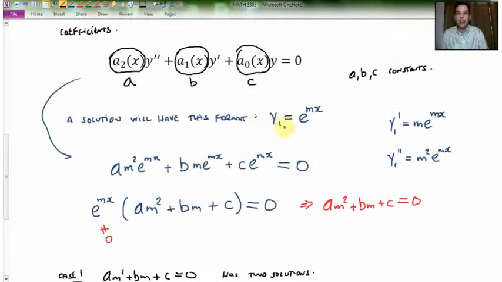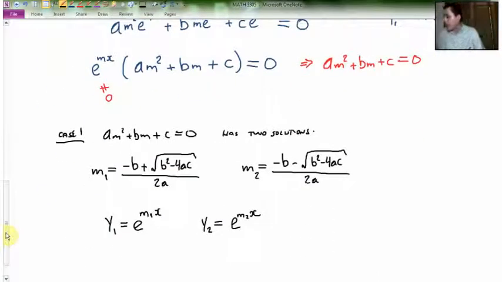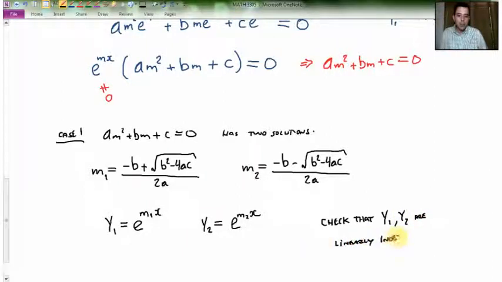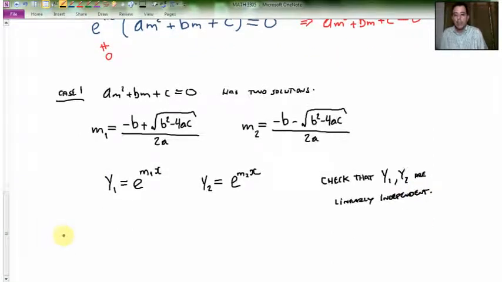So because the solutions will have this format, it can be shown that these two solutions here are linearly independent. That's actually an exercise. You can check that. Check that y1 and y2 are linearly independent. Okay. So that was easy.